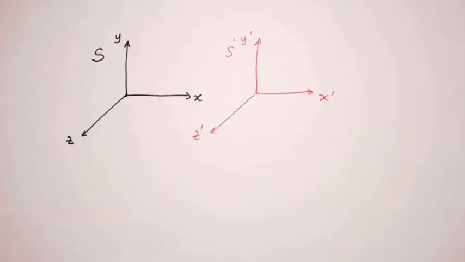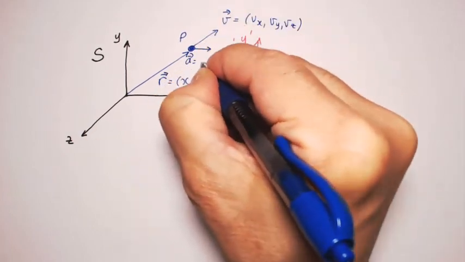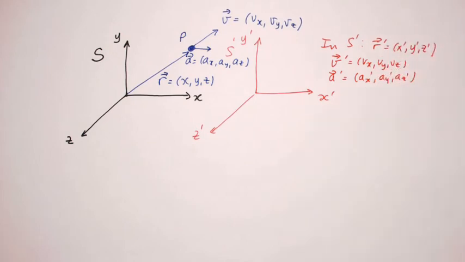We can find the velocity transformation between the frames as follows. Consider a particle p with position vector (x, y, z), velocity (vx, vy, vz), and acceleration (ax, ay, az). Then we proceed as follows.